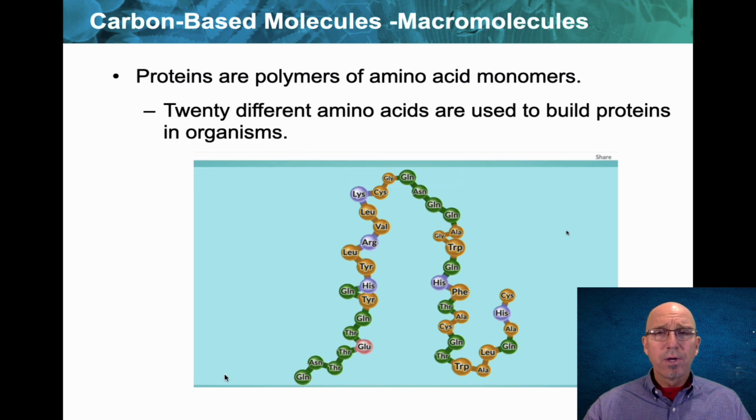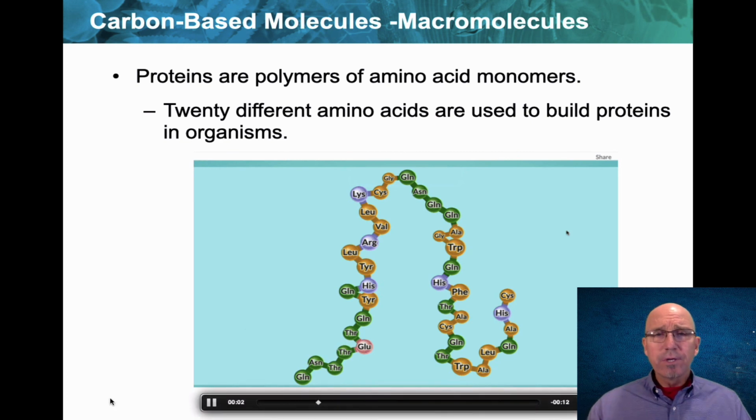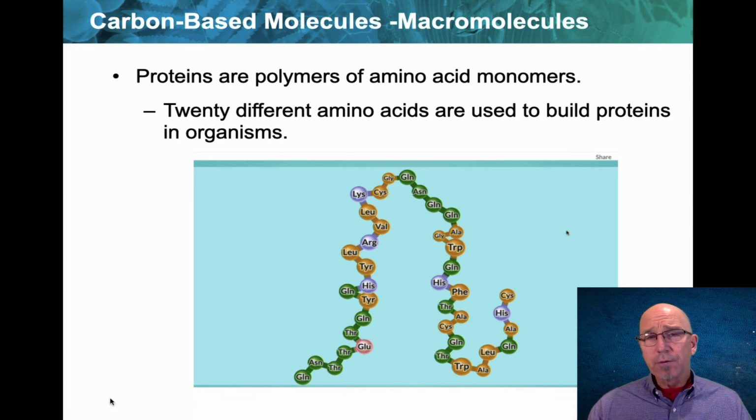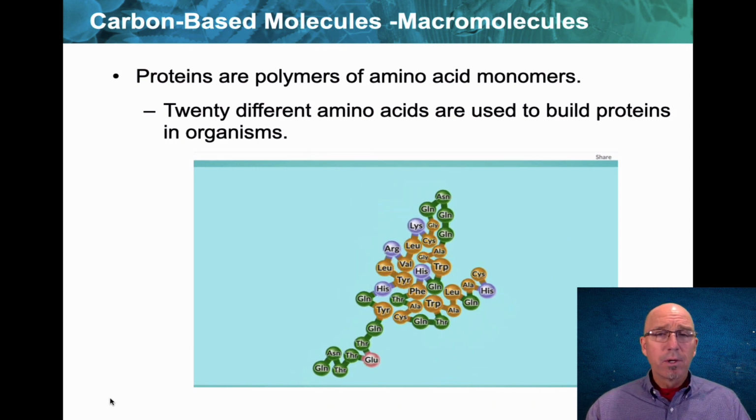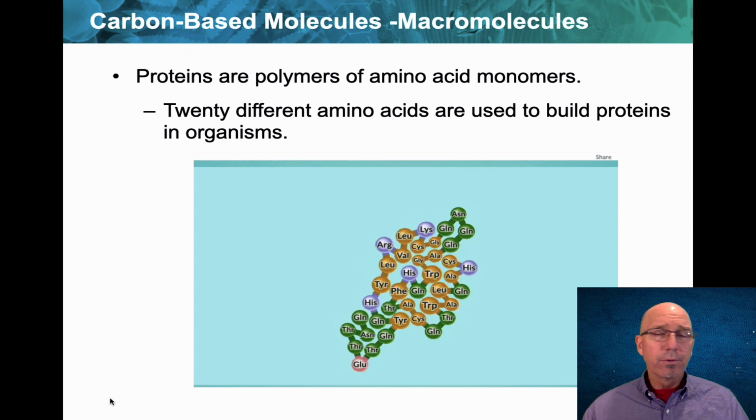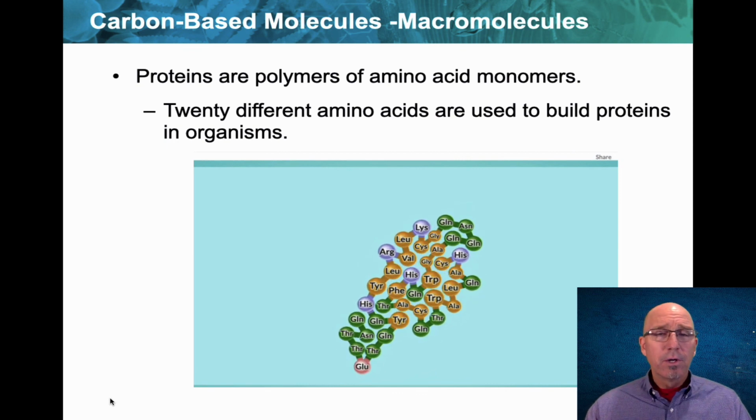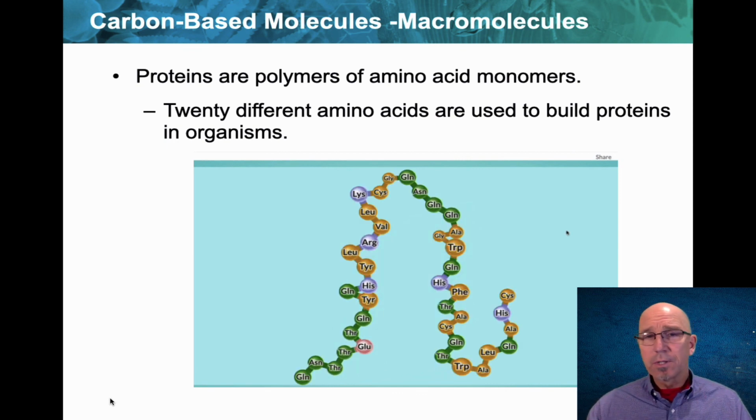So those are those molecules. When you put them all together, eventually they will fold back on themselves and give proteins a three-dimensional shape, right? They'll interact with one another. In this case, this molecule formed a globular shape. It's based on the interactions of those different amino acids.